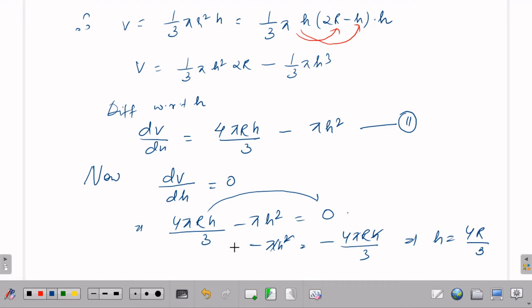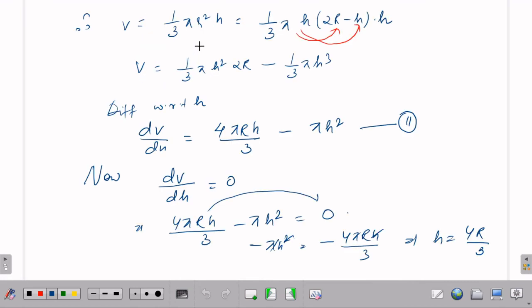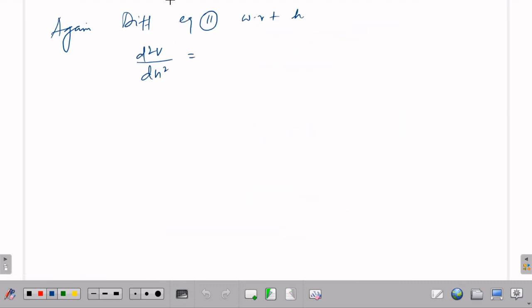Now I have to differentiate equation 2 again. So again, differentiating equation 2 with respect to h, I'll be getting d square V by dh square is equal to, now let me go back to equation number 2. I got here h, I got here h square. So that means I'll get here 4 pi r divided by 3 minus 2 pi h.